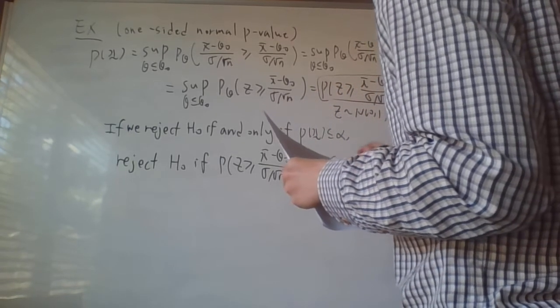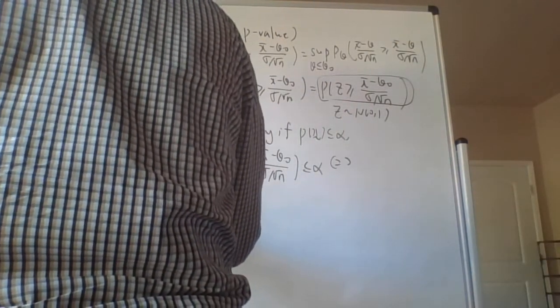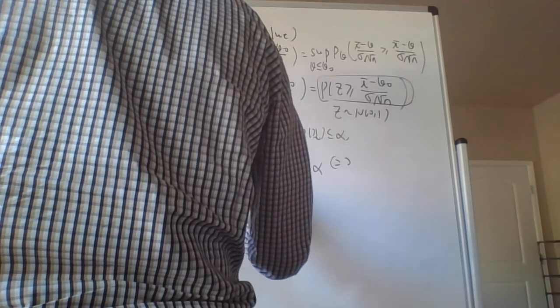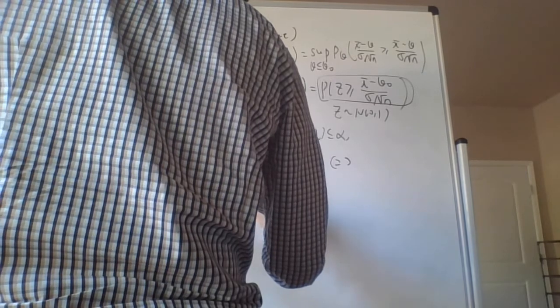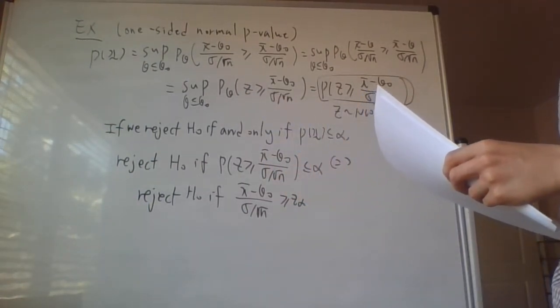This means that if you solve this in the probability part, x bar minus theta 0 divided by sigma divided by square root n is greater or equal to z alpha.